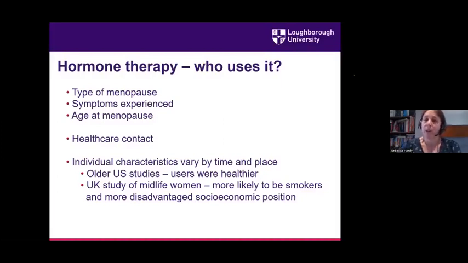However, in the 46 cohort, the UK study, they were actually, when we looked, more likely to be smokers and more disadvantaged. So the characteristics weren't that these women were necessarily healthier. However, that was before these trials, which seemed to show harm of HRT, were published. And so characteristics of users may be different again today.